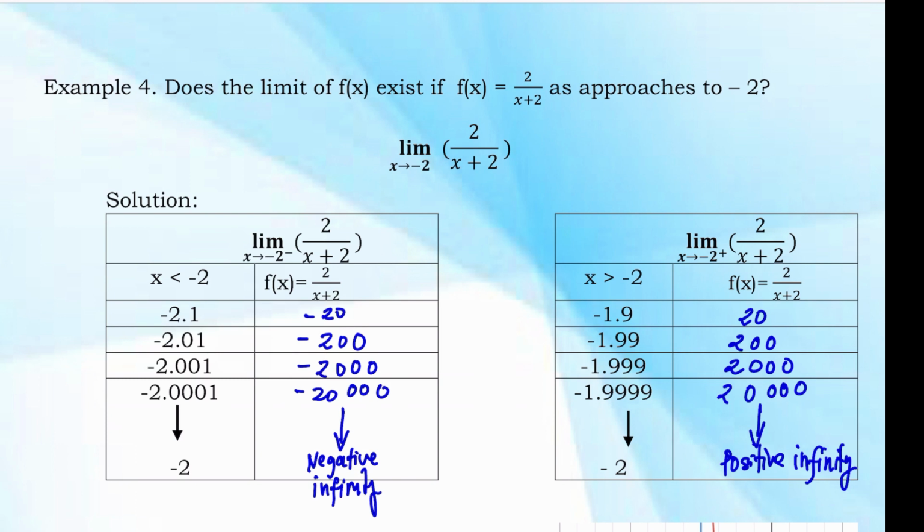Hence, we can say that the limit of 2 over x plus 2, where x approaches negative 2, does not exist, or DNE. So that is what the theorem is all about.